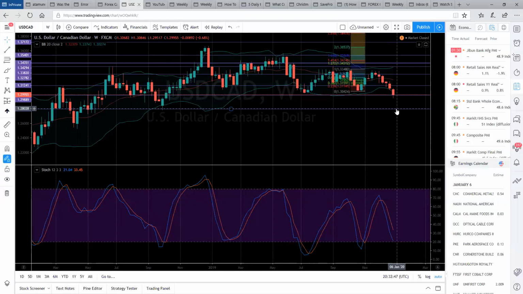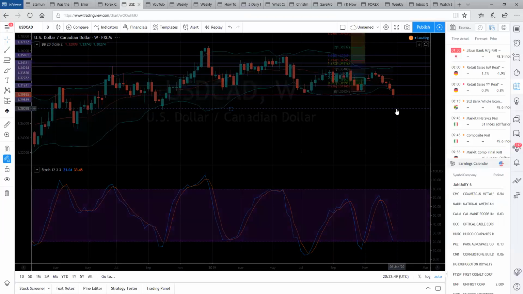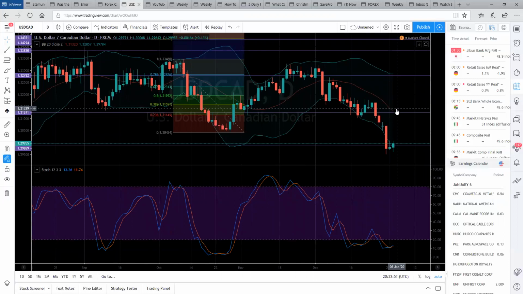Now let's zoom in on the daily. The daily is even giving us a heads up that we're going to be looking forward to that retracement. We had a doji here, and the candle here is telling us we can buy. We can head higher a bit.